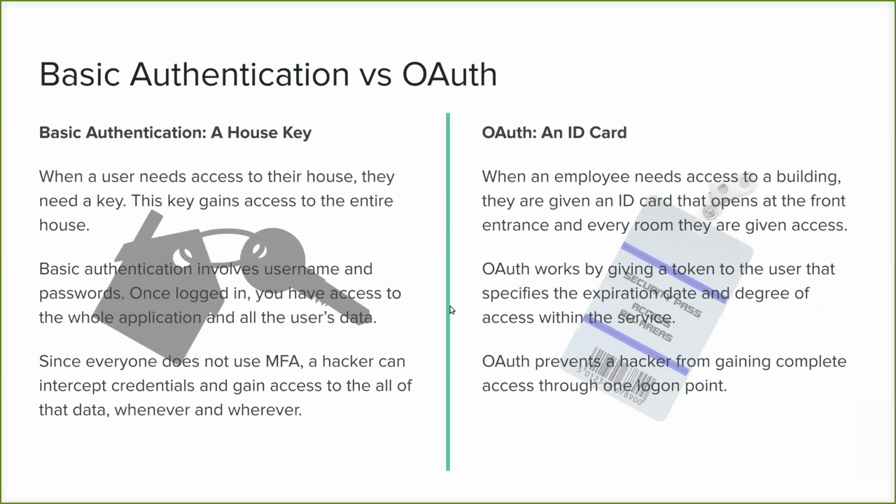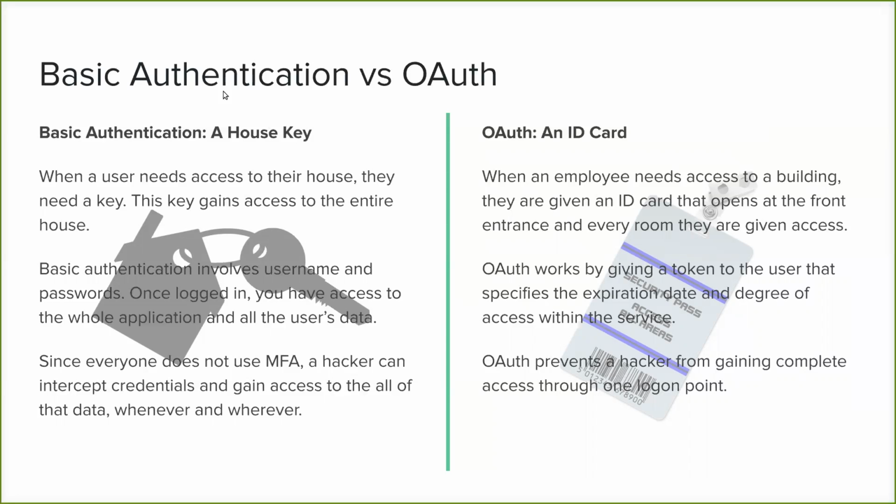And so another idea to touch on is the difference between basic authentication and OAuth. Basic authentication is what is used a lot in the past and still used today. And one of the best ways to explain the difference between the two is a house key versus an ID card, or like an RFID reader.